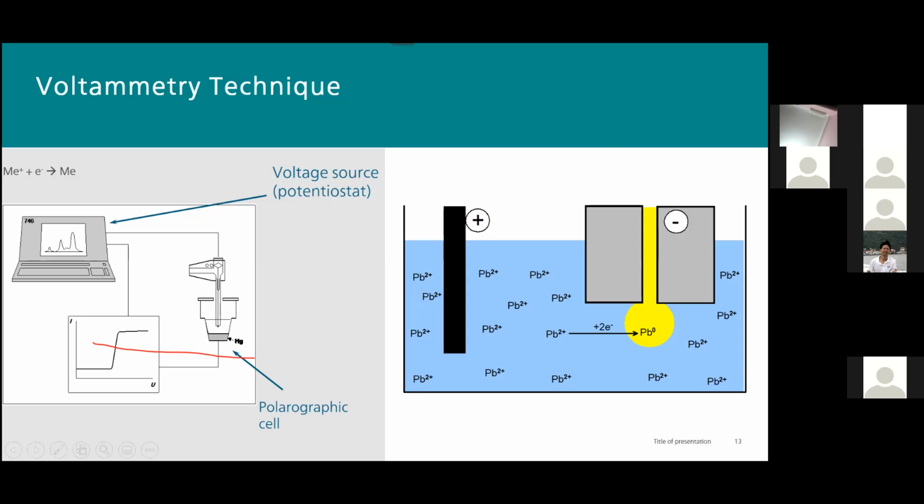This specific electrode is called the mercury electrode. When the reaction occurs, a current also occurs, and we can measure this current to determine the amount of the ion.